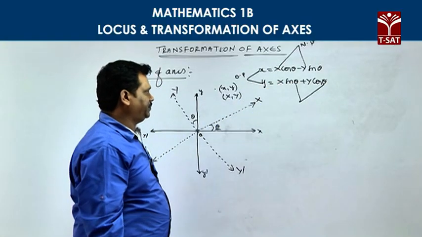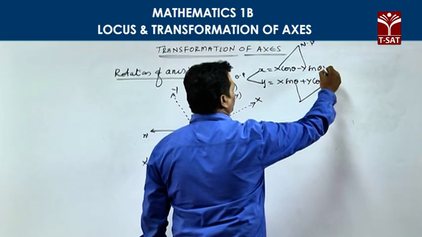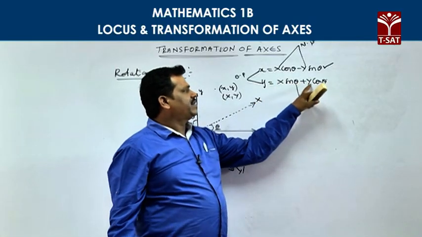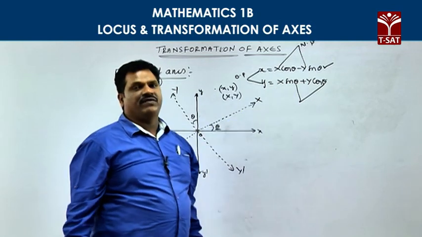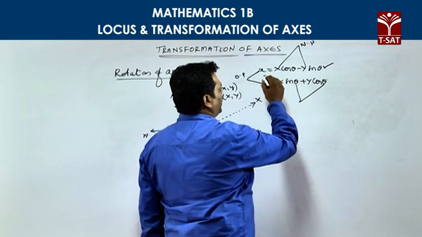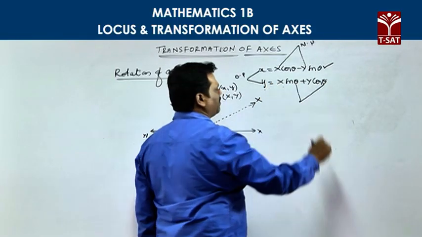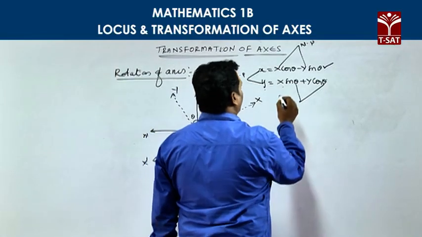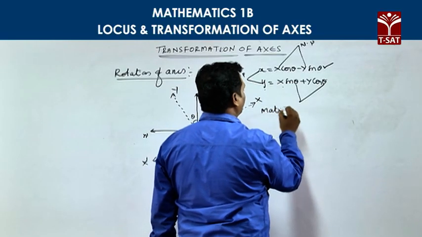One method is that small x equals X cos theta minus Y sin theta and small y equals X sin theta plus Y cos theta can be written as a matrix equation.